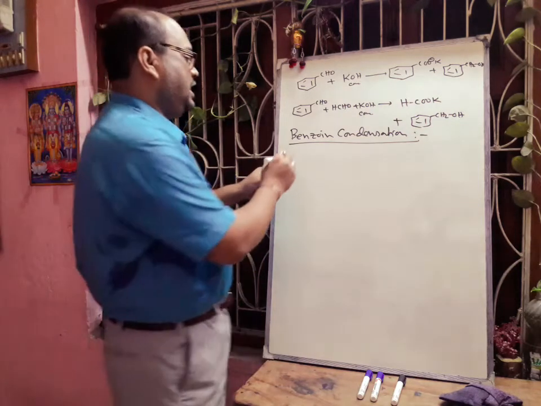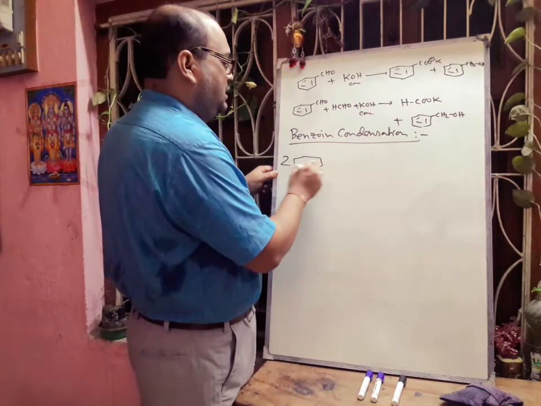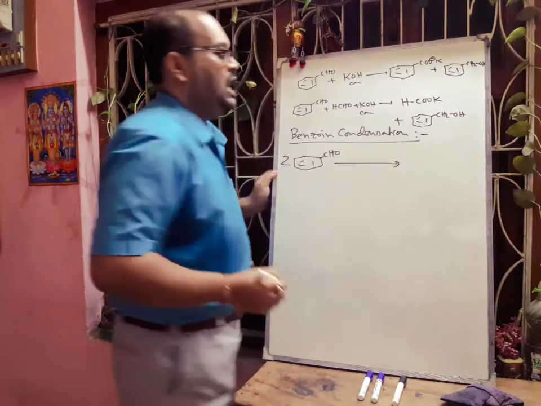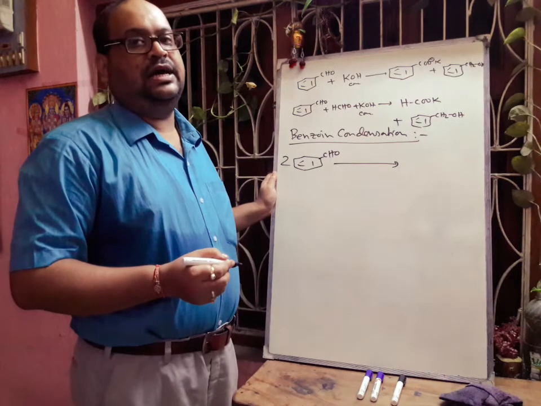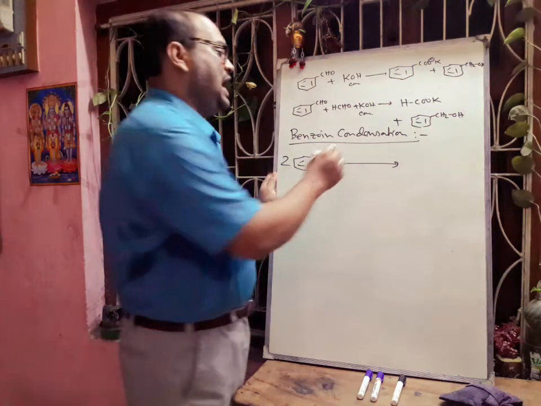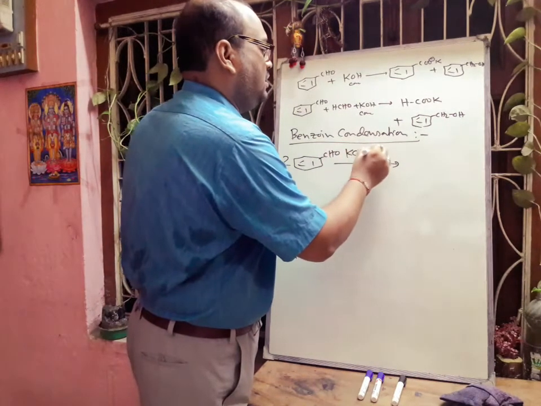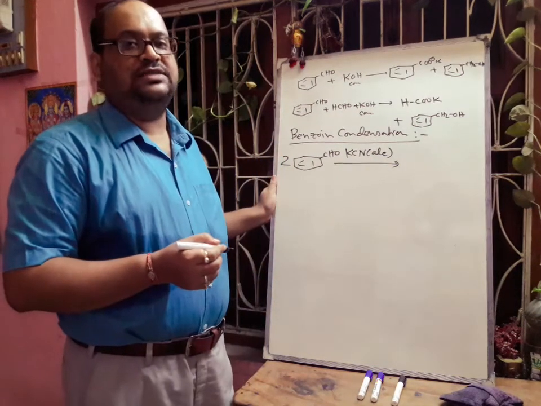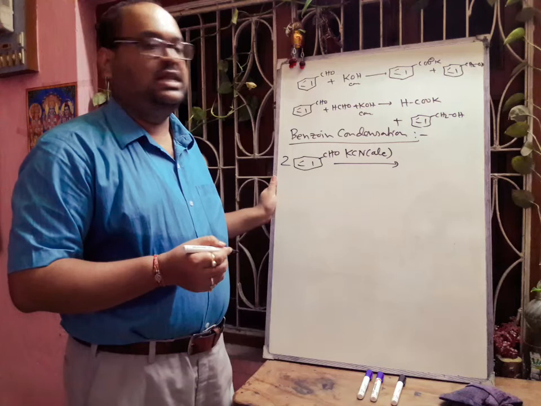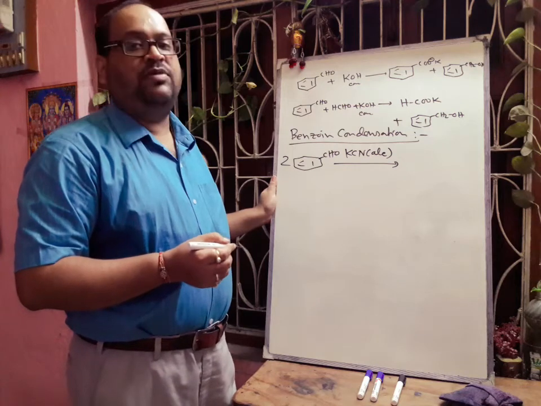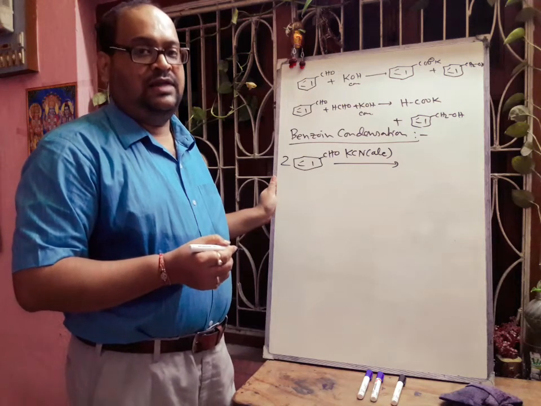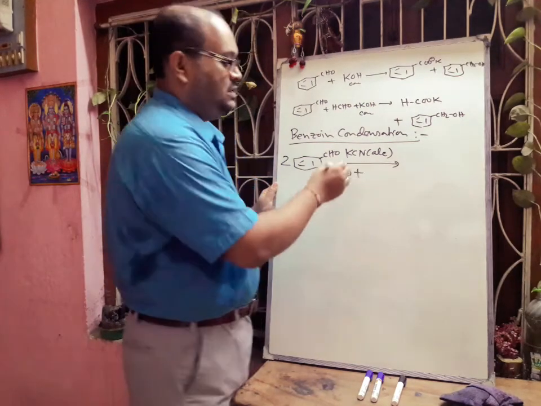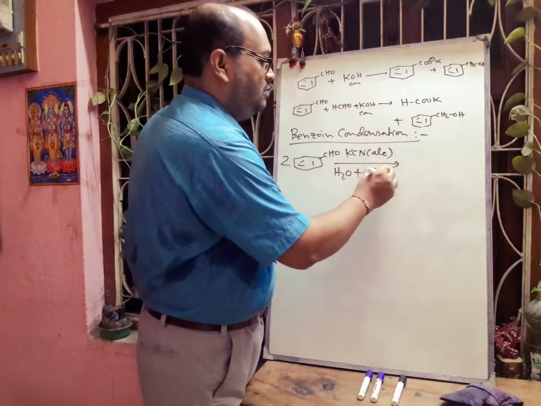So here two molecules of benzaldehyde will react, and the main reagent is alcoholic potassium cyanide. This is very dangerous. You know, potassium cyanide is very poisonous, so handling this type of reaction is very difficult. You have to be very careful, otherwise there will be an accident. And you have to take the alcohol water mixture.